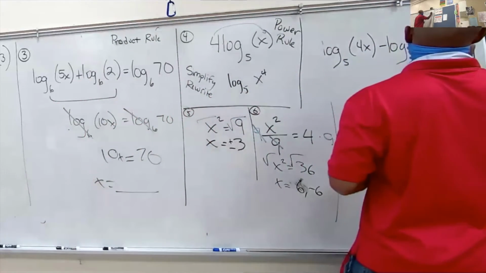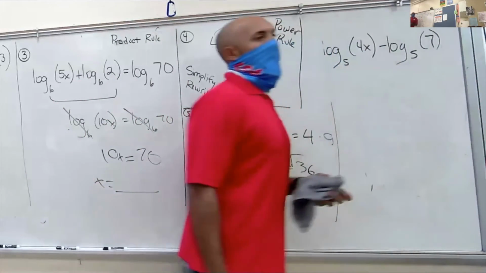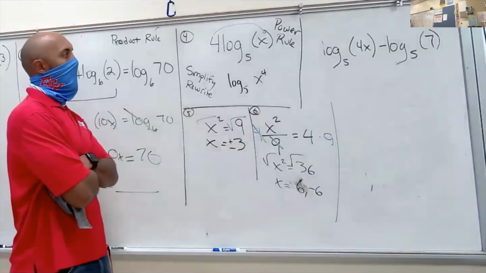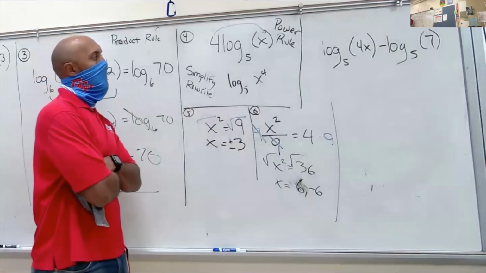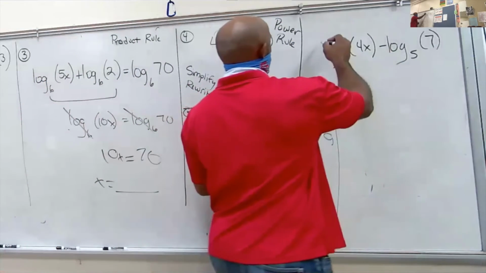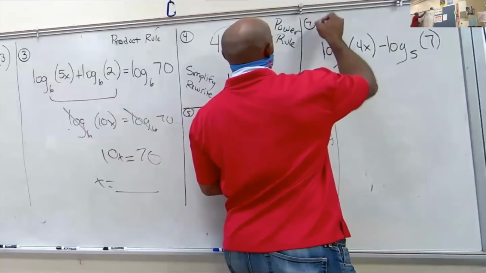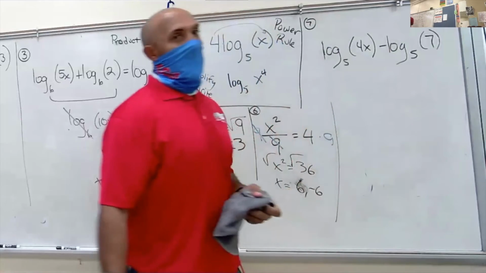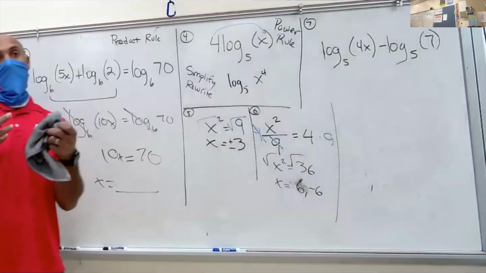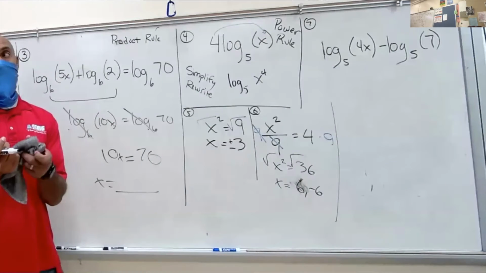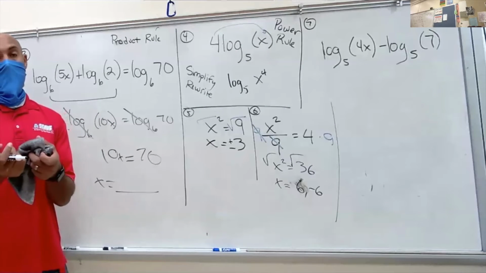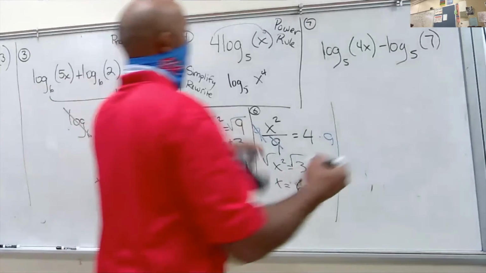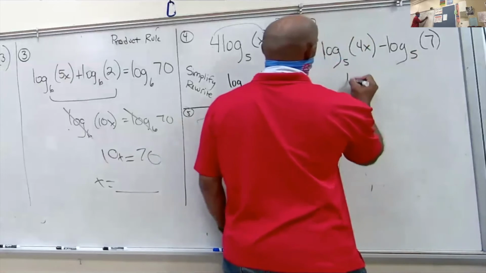Let's do 7. So log base 5 of 4x minus log base 5 of 7. Now, there's no equal sign, so you're just simplifying it. You're just bringing it together. But this time it's minus, not plus. Good. So when it's minus, we divide.